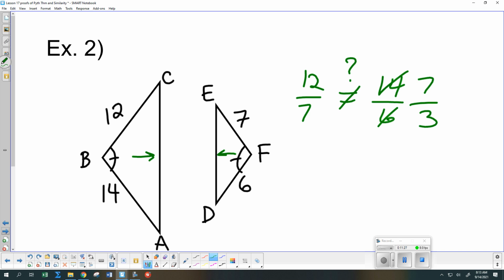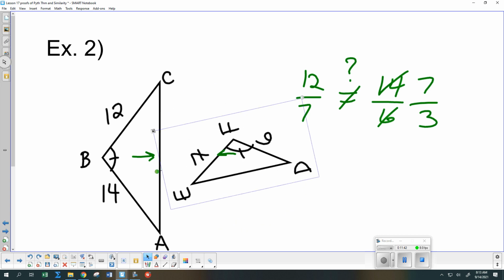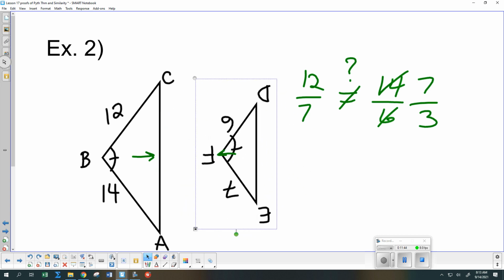Is there another way I could try to match these things up? Riley? So the other one to match would be 7 over 14 and 6 over 12. Maybe they match up like this. Because with similar, you can twist them any way, you can flip them over.